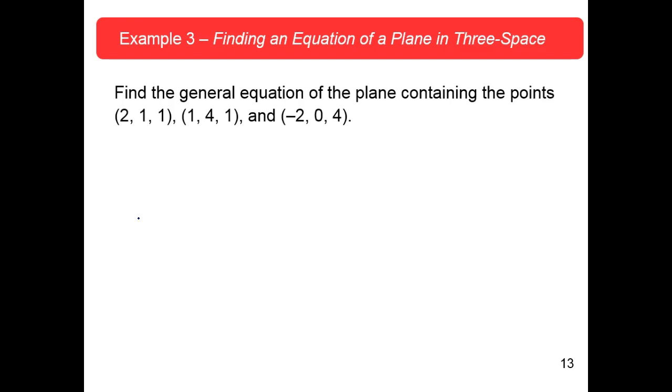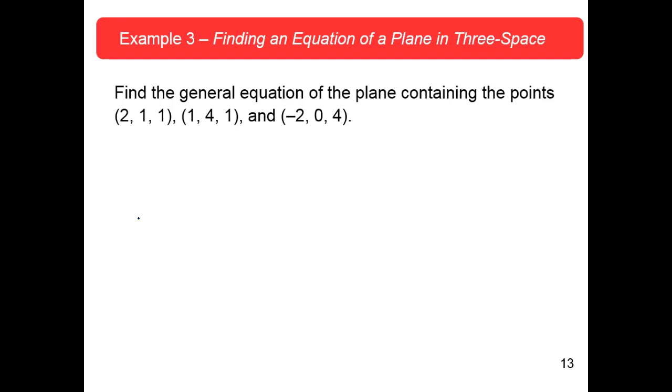Well, let's see. Let me take that back for a moment here. You need a point in the plane. We got 3 points in the plane, so any one of them would work. Okay? 3 choices for that point, but no normal vector. To obtain the normal vector, use the cross product of the vectors u and v extending from the point 2, 1, 1 to the points 1, 4, 1 and negative 2, 0, 4.